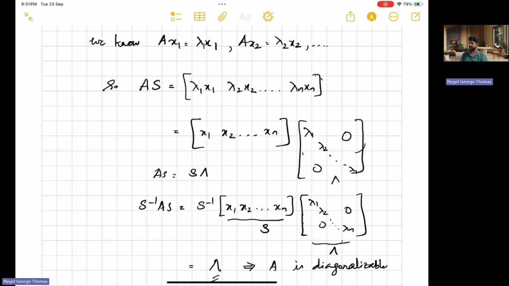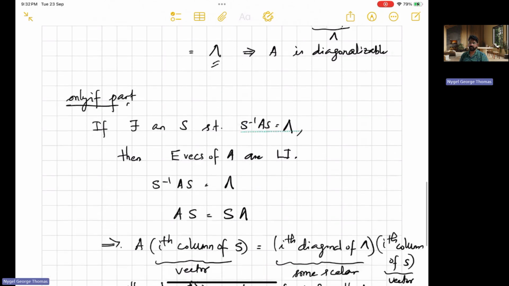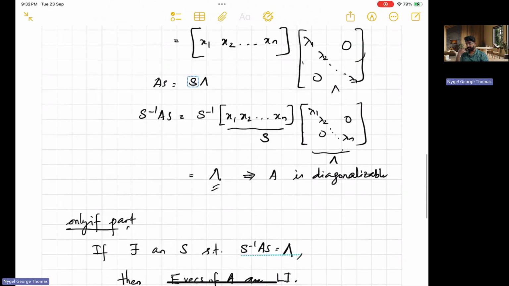If you write S inverse A S, that is equal to S inverse S into lambda, which in turn proves that A is similar to this diagonal matrix lambda, where the diagonal elements are the eigenvalues. Now we have to prove the only if part.